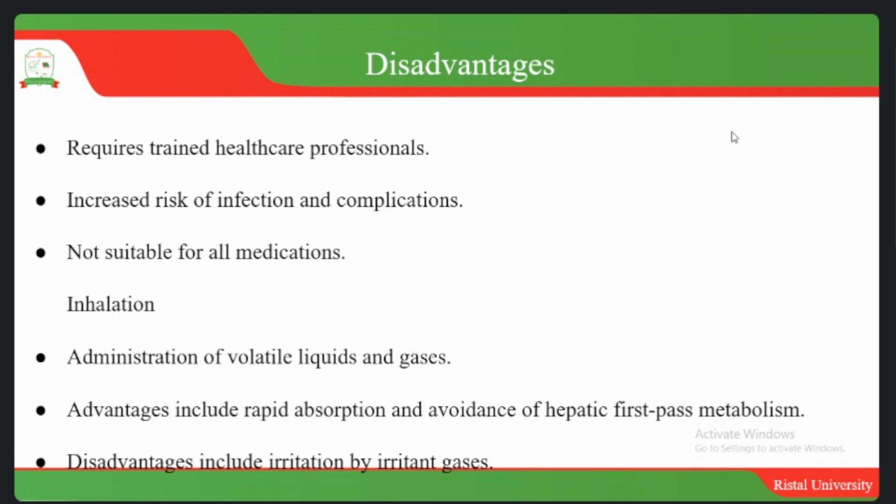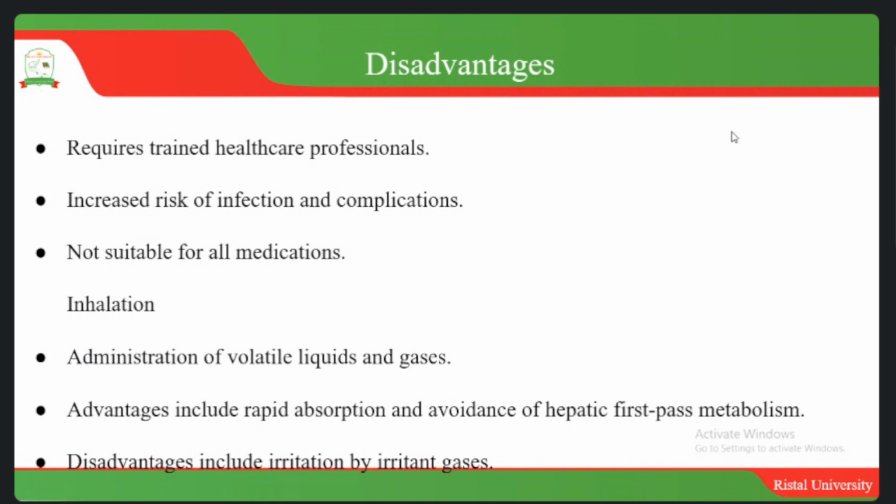Then inhalation, administration of volatile liquids and gases can be through inhalation. Then the advantages include rapid absorption and avoidance of hepatic first pass metabolism.